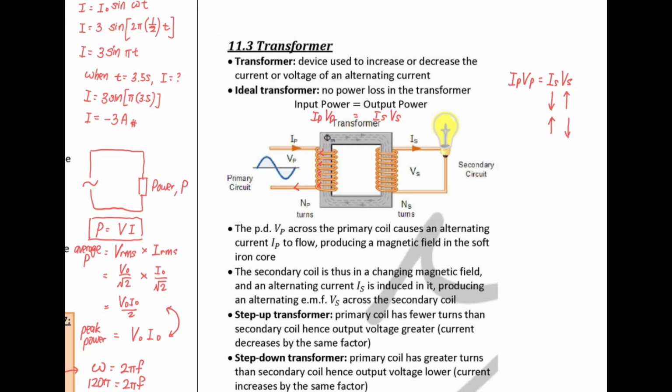This magnetic field, you want to know the north pole and south pole, you have to use right hand grip rule. So imagine that right hand grip rule, the fingers that you grip, right, that you twist, must follow the direction of the current.